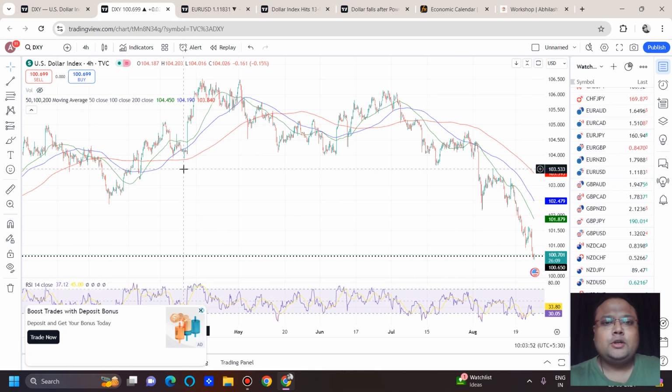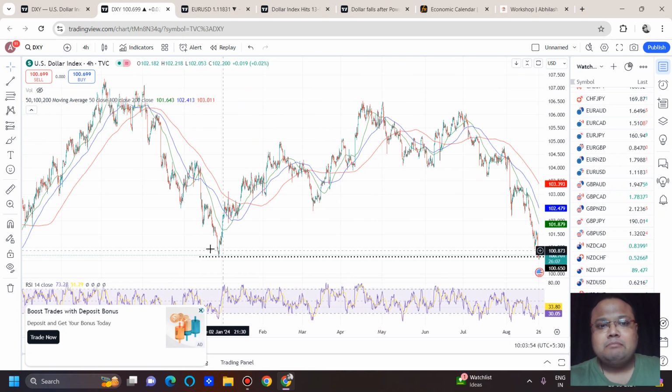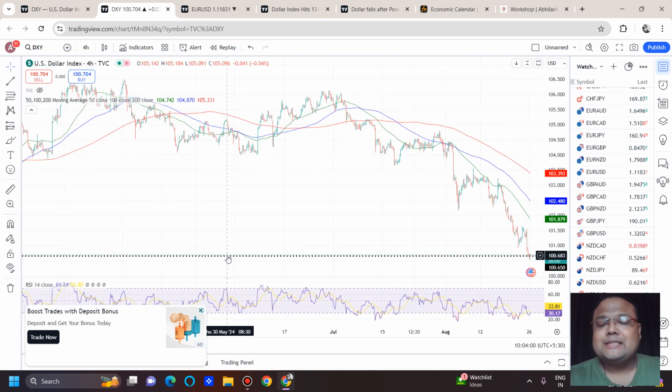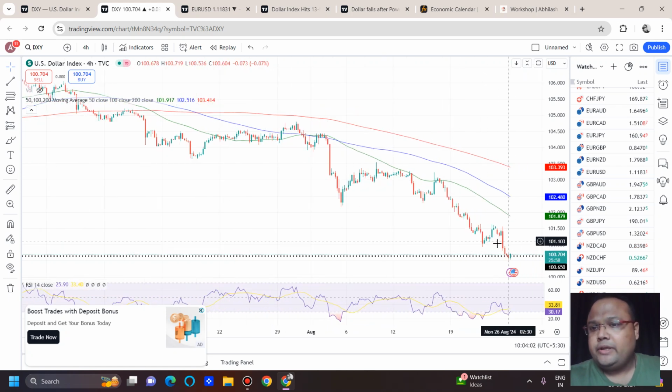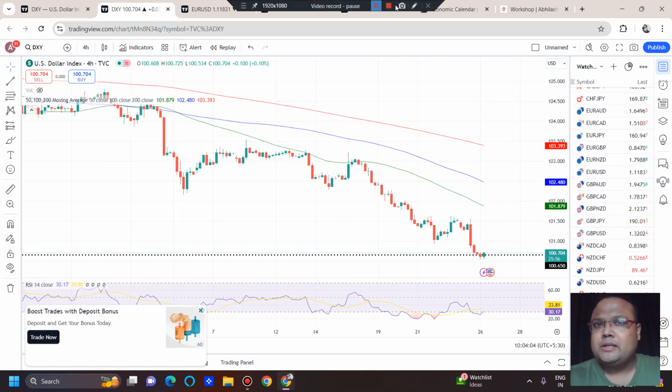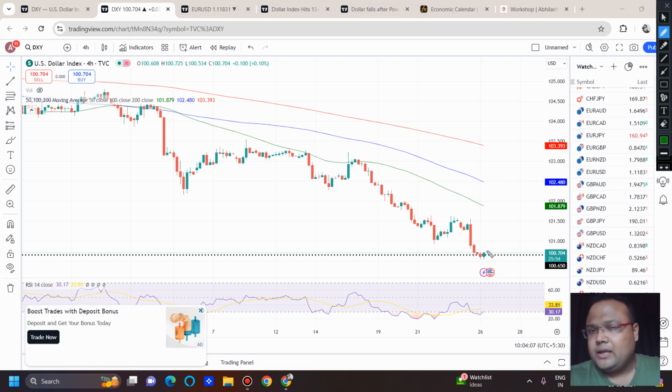As we all know, DXY is standing at the very crucial support of 100.60, but after all, it's only a support. Market sentiment is above all. Though DXY is trying its best to survive, the chances of the market breaking the support and going down are pretty high here.